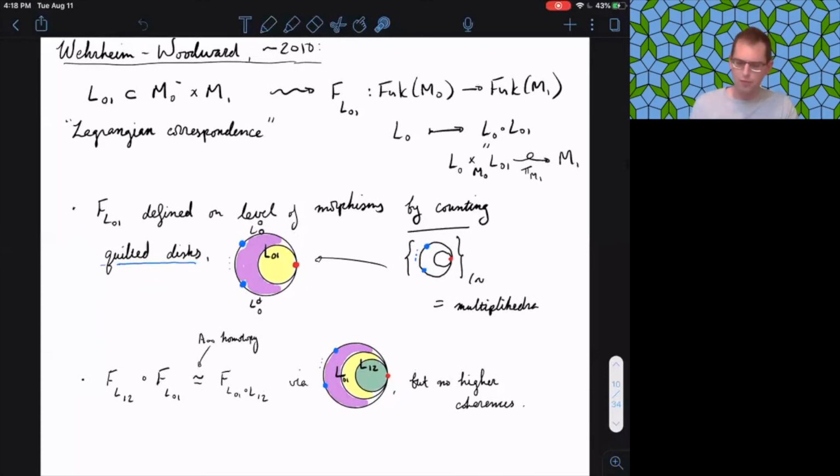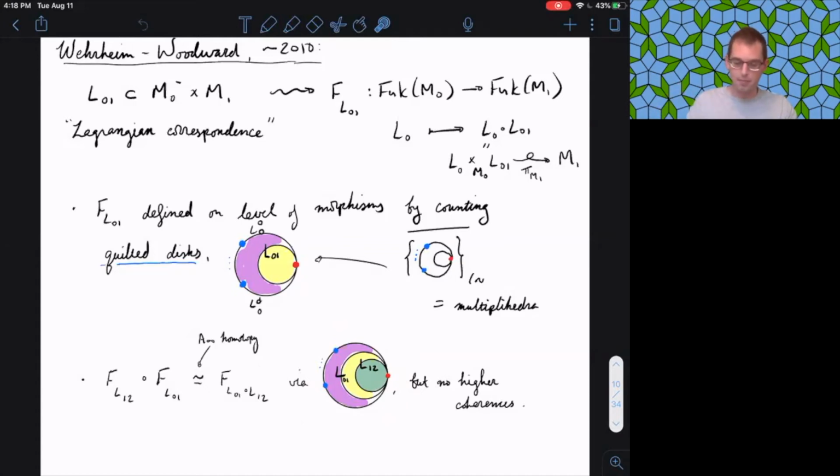They went a little bit further than this. It's not true even that the functor associated to the composition of two correspondences is the composition of the functors, but they established a homotopy between those two different functors. They did that via these quilted disks with 3 patches, but they stopped there.